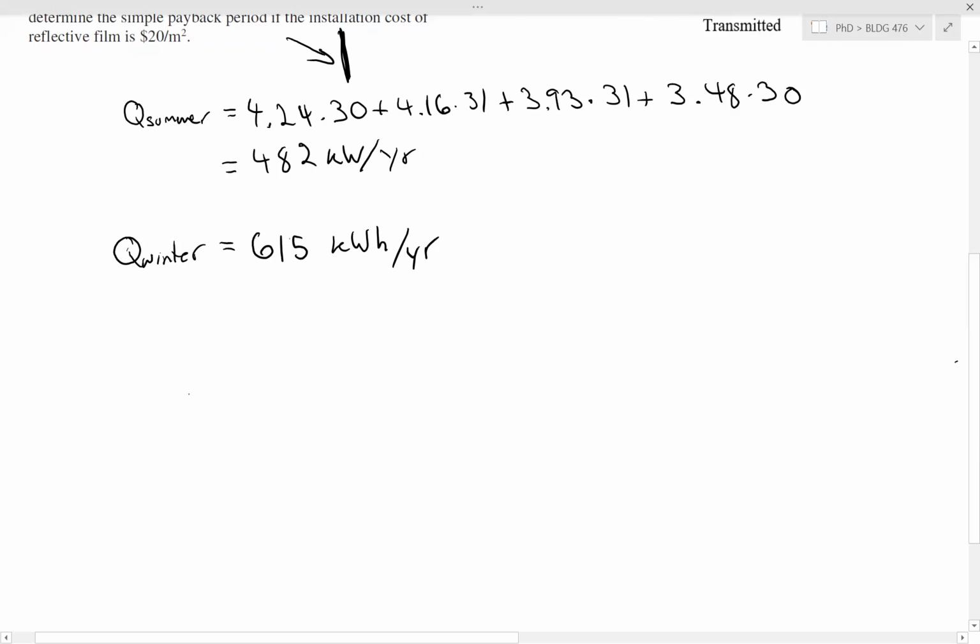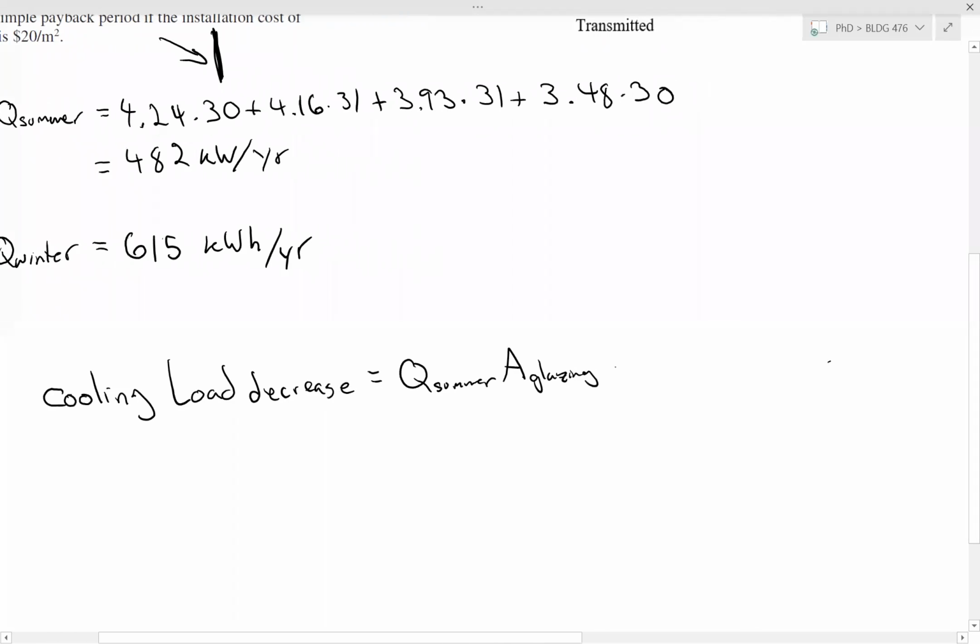So start with the cooling. So Q summer, our area of glazing, and then we're specifically trying to find the decrease, not the total.